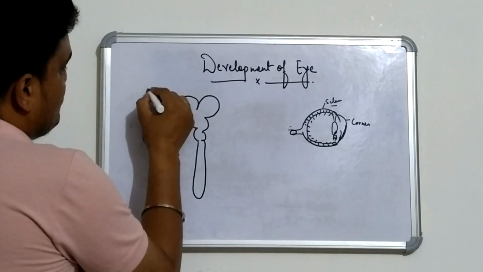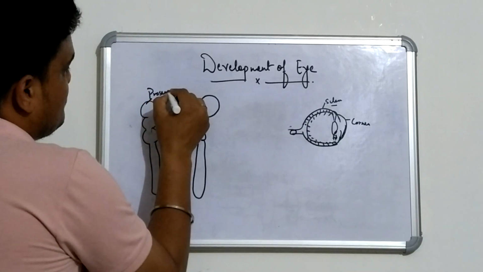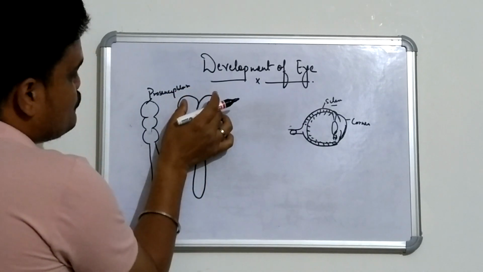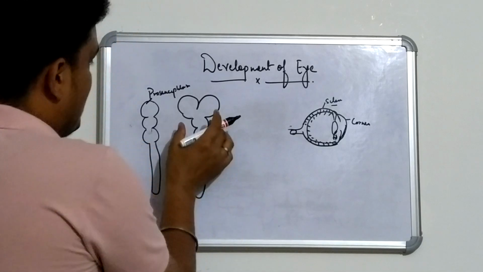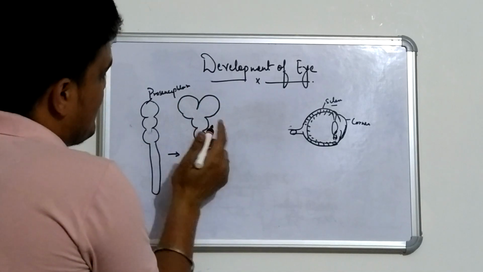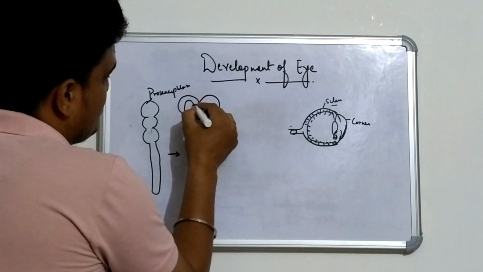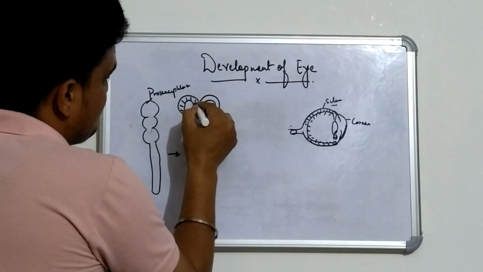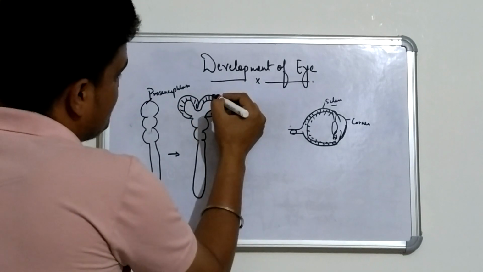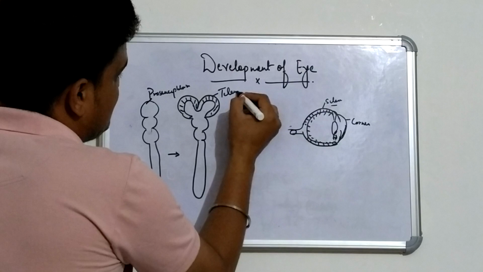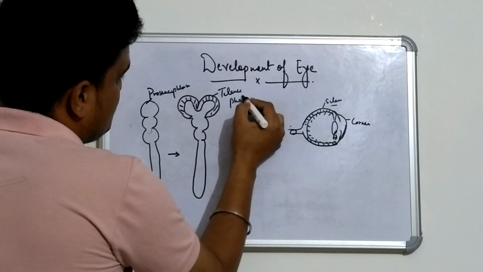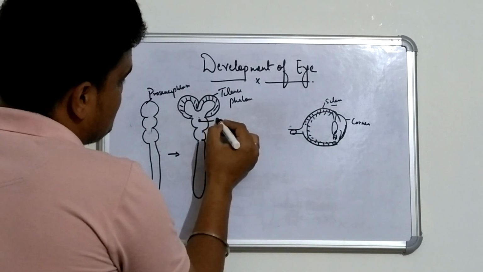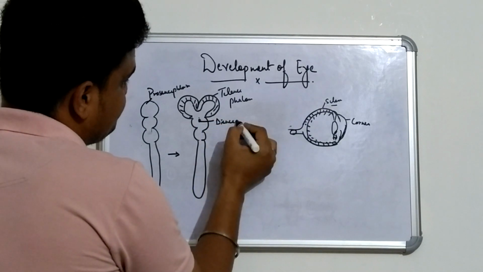So the prosencephalon is going to be divided into 2 parts, and these 2 parts are called the telencephalon, and this portion is called the diencephalon.